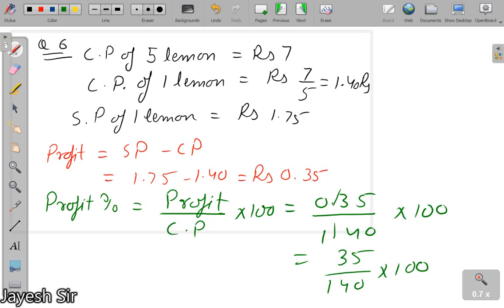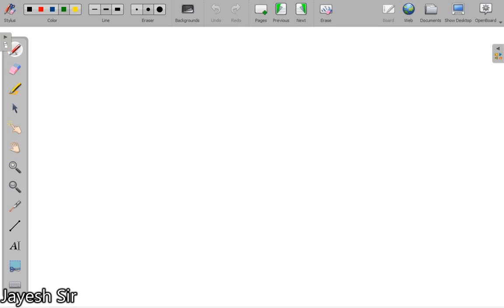Now let us do the last question that we are going to do about this exercise. We will only do up till question number 8 here. Question number 8 is, by selling a bicycle for rupees 2024, a shopkeeper loses 12%.